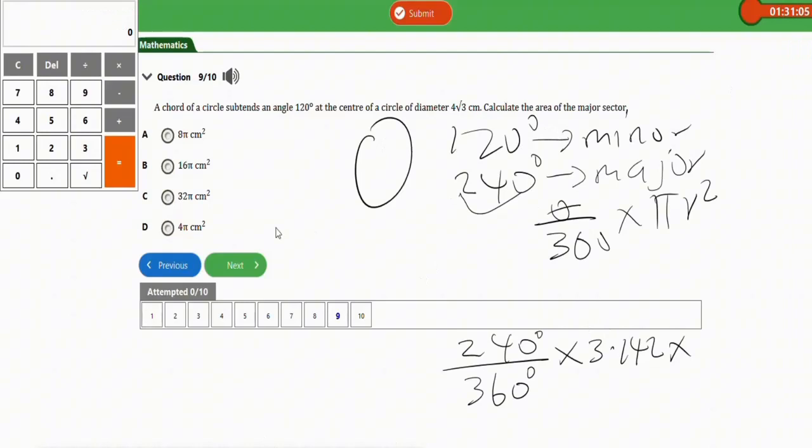So 4√3 will give us 6.92. Note it, 4√3 is 6.92. Now divide it by 2, or let's extend it, 6.928 if you are leaving it at 3 decimal places, divided by 2.